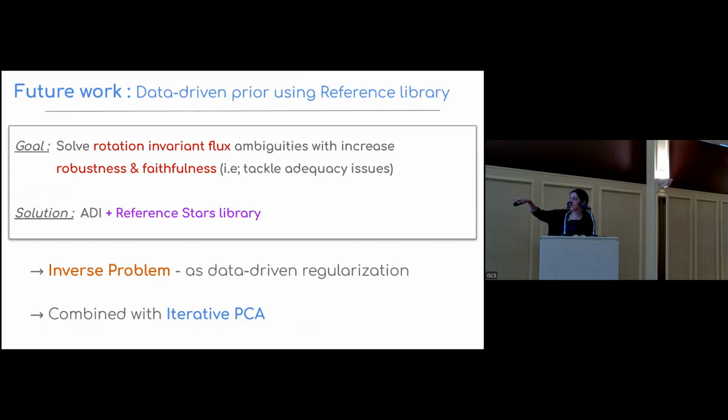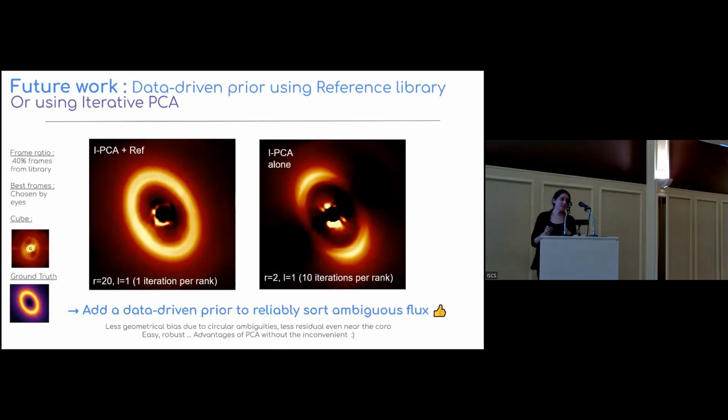So I included reference star libraries, which give a better prior on the speckle field. I can use that to improve either the inverse problem approach or the iterative PCA. For the iterative PCA, I already have a result that seems pretty good. This is the iterative PCA alone and the iterative PCA with the reference sources. As you can see, the flux invariant rotation is solved.